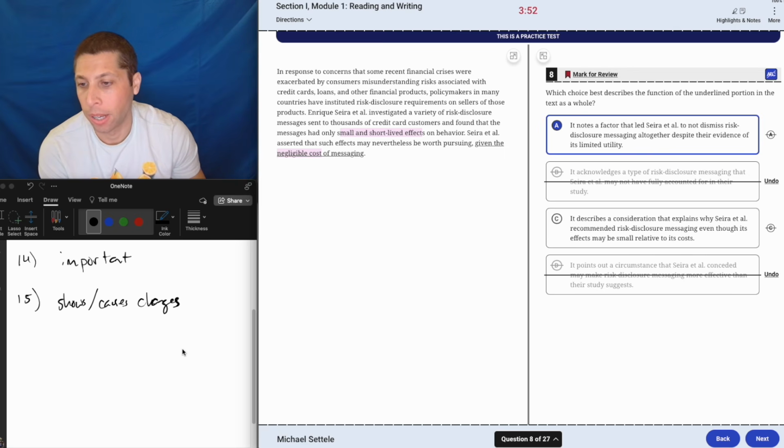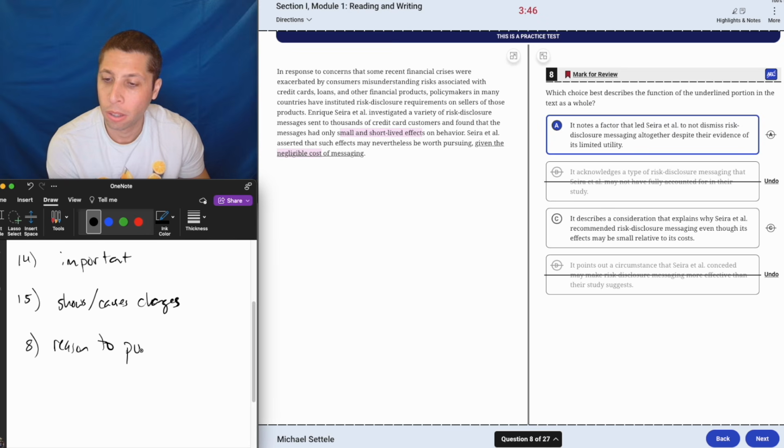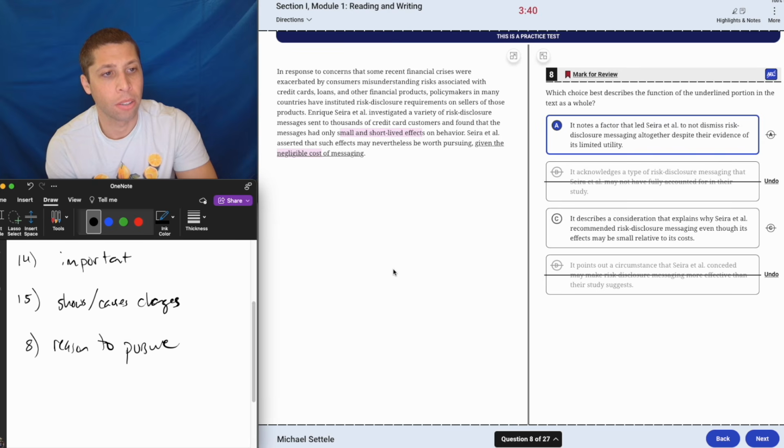So this is 8, right? Where's my thing? Okay, 8. Reason to pursue. It notes a factor that led these people to not dismiss, see how easy it is to misread a word? To not dismiss risk disclosure messaging altogether, despite their evidence of its limited utility, right?